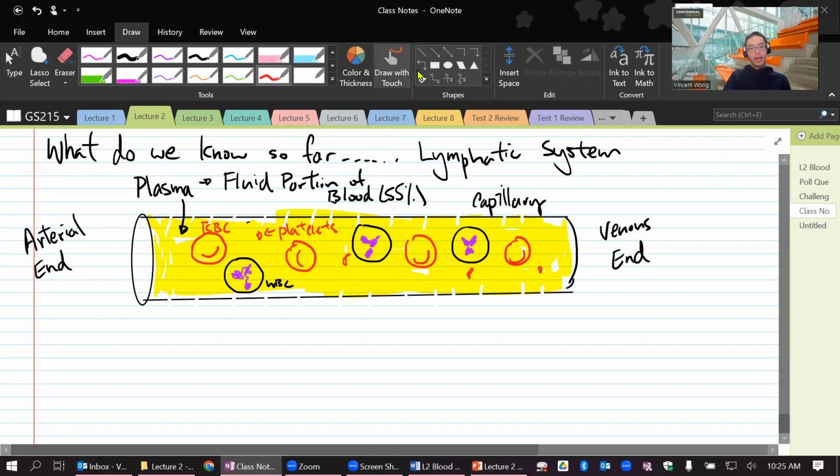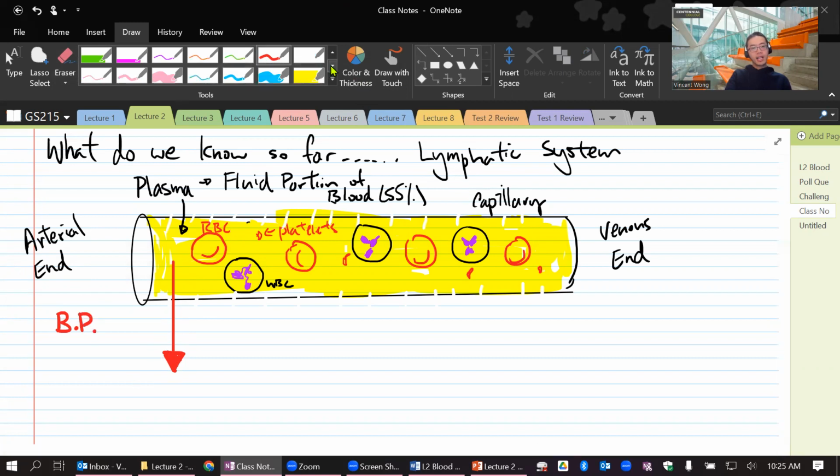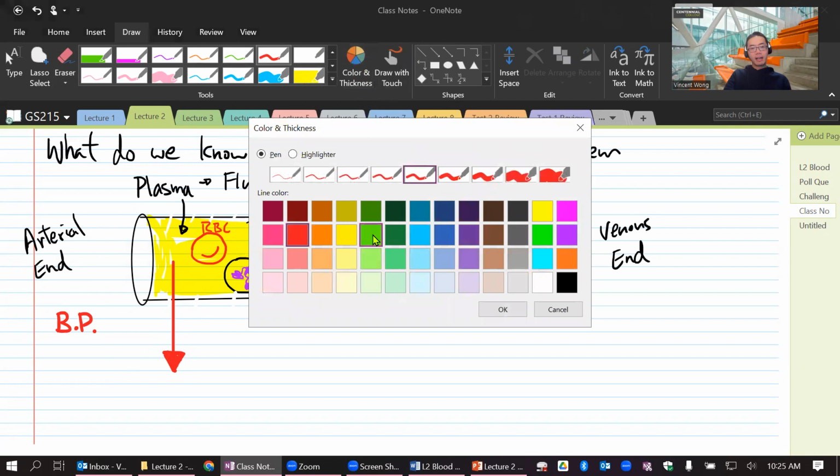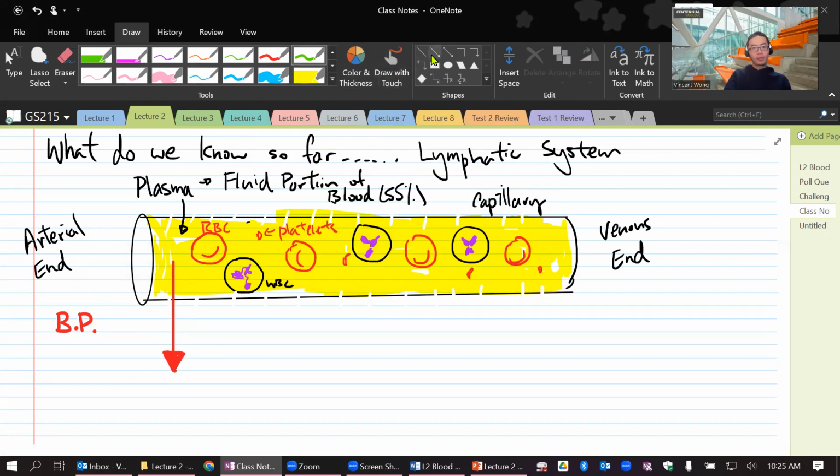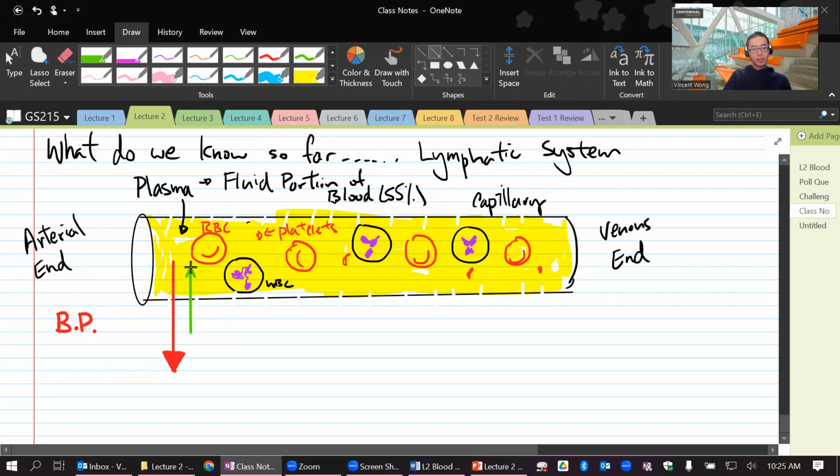On the arterial end, if you recall, there is going to be this big red arrow pushing things out, right? That is the blood pressure. And at the same time, we would have a green arrow that's pointing inward.